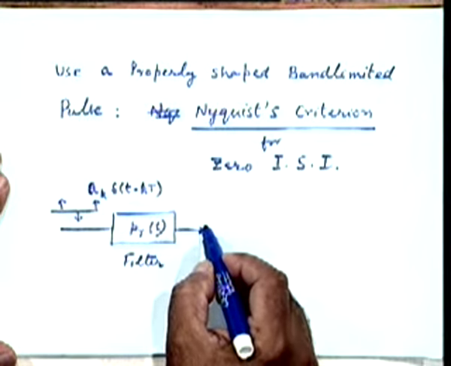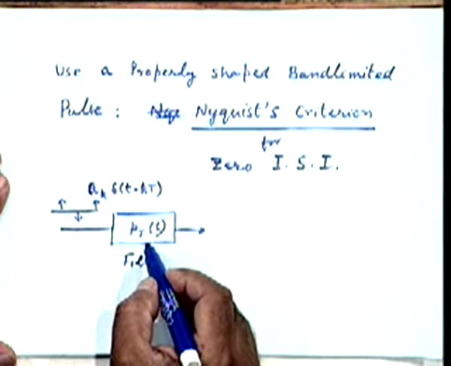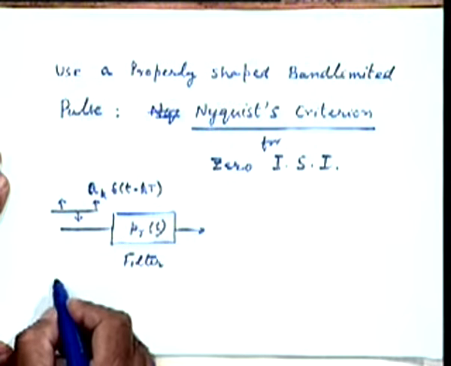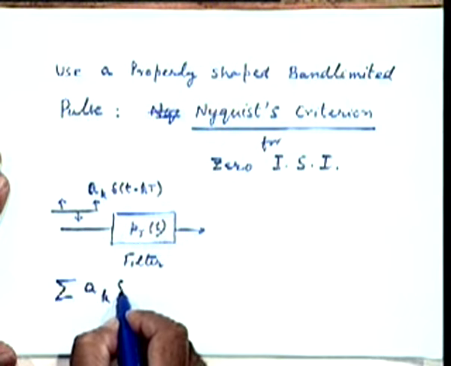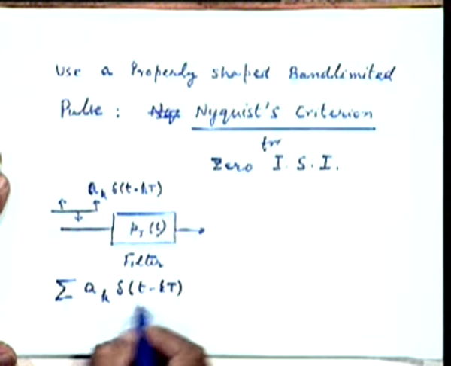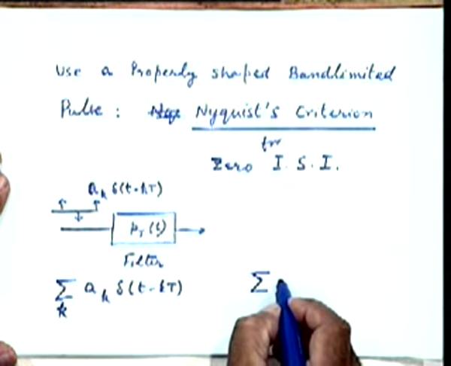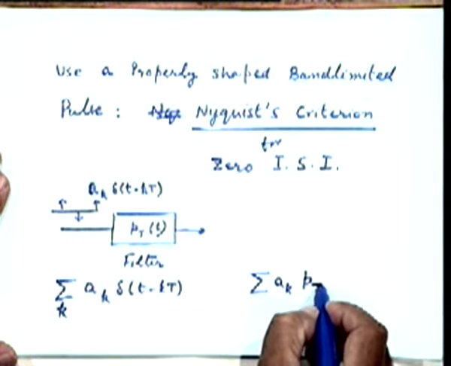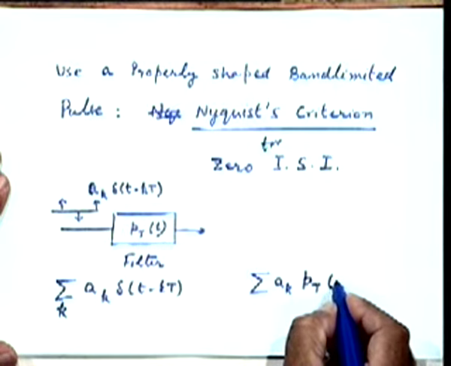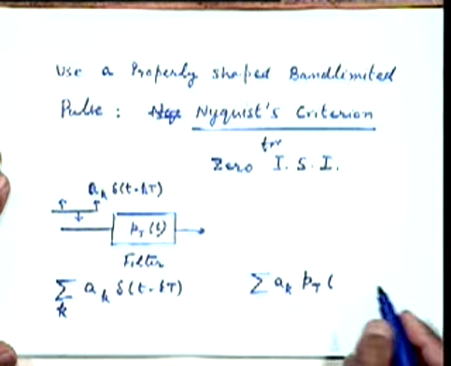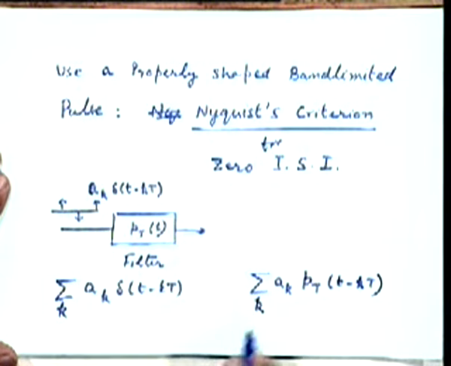The pulse shape here will depend on the transfer function or the impulse response of this filter. So if at the input to this filter the signal is the summation over k of a_k delta(t minus kT), that is the input. The output will be the summation of a_k p(t). Convolution of this with an impulse will be simply p(t), the pulse delayed by kT. So this is what you will get at the output.